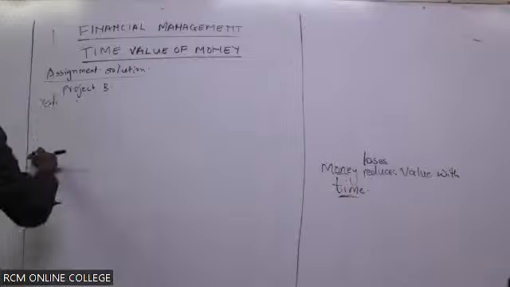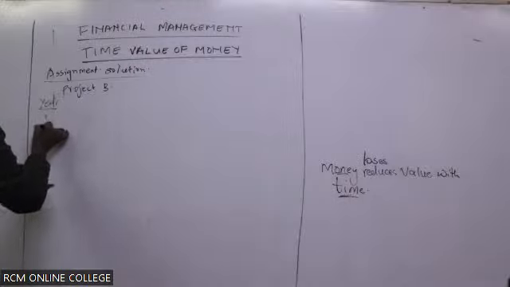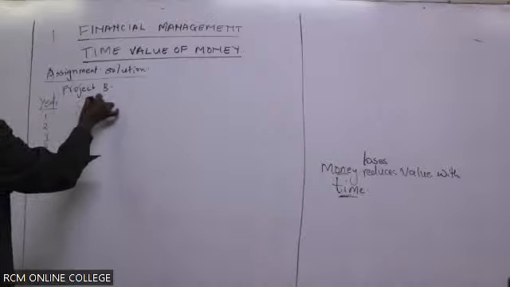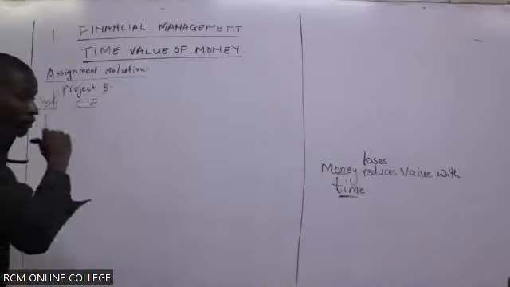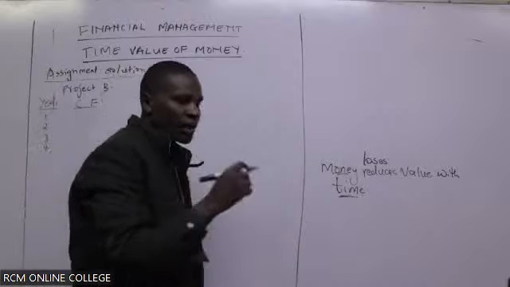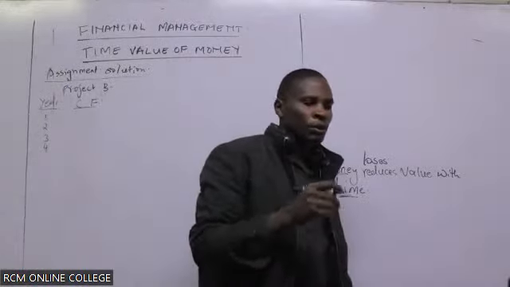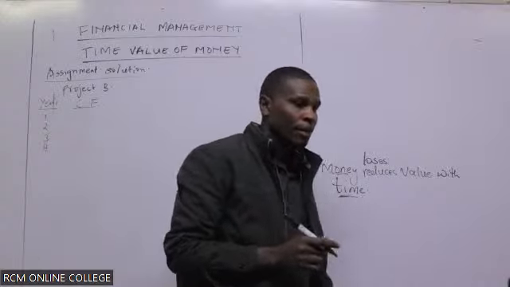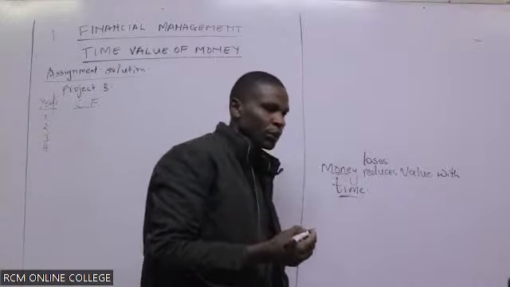It had year 1, 2, 3, 4, where I cannot remember the cash flow for the project. So somebody tell me what was the year one cash flow for this project?